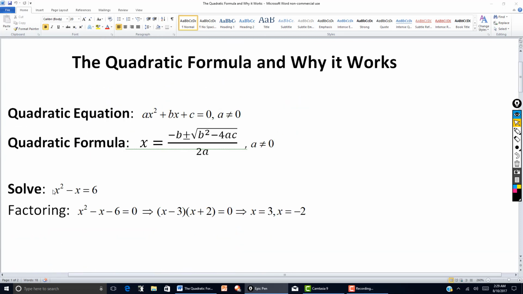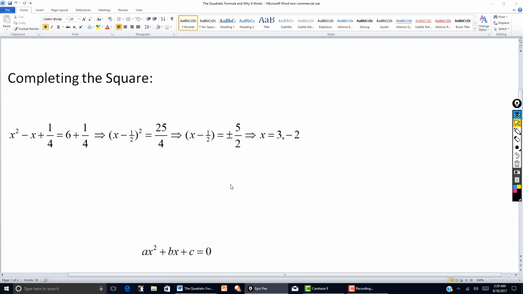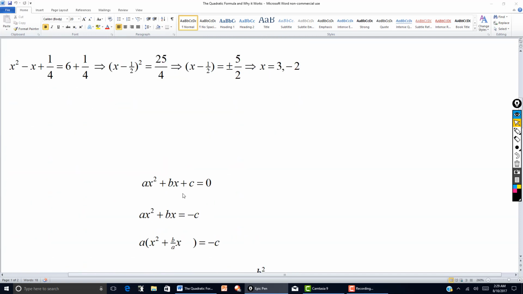So I take the c over to the other side, and I get a -c. Then the objective is to complete the square, to make this a perfect square trinomial. Remember in the examples I went over, the coefficient of x squared is equal to 1, so that's why we get the next step, which is factoring out an a.